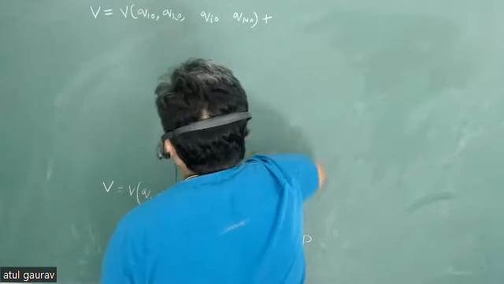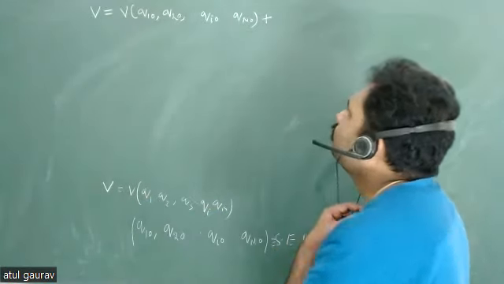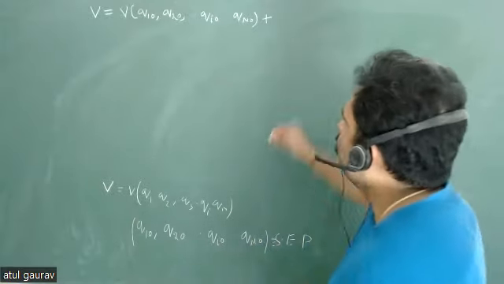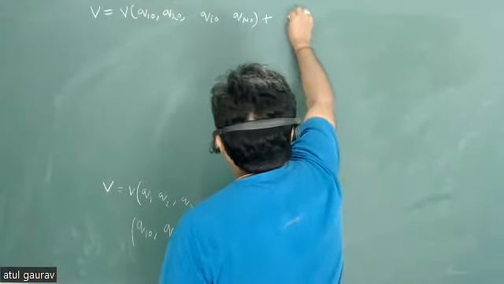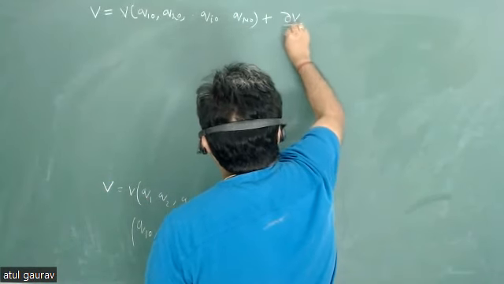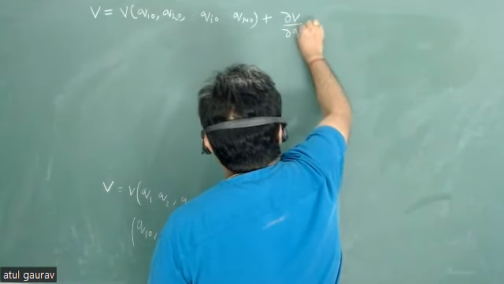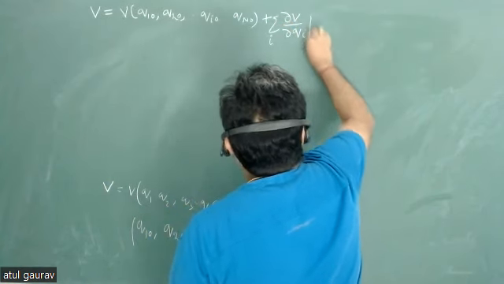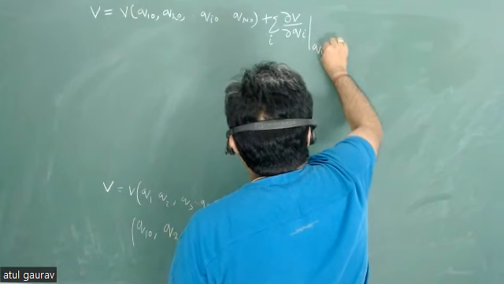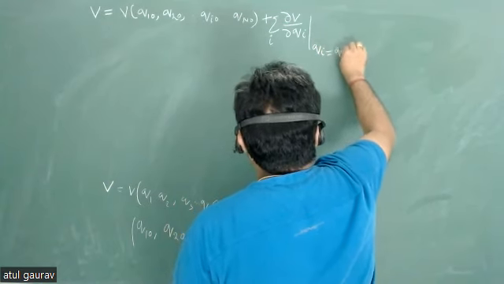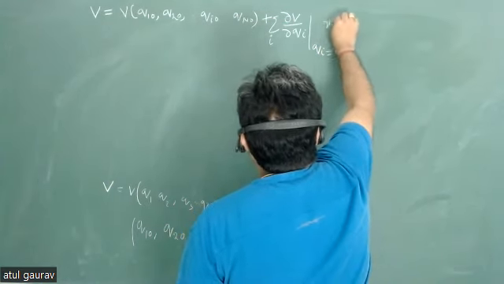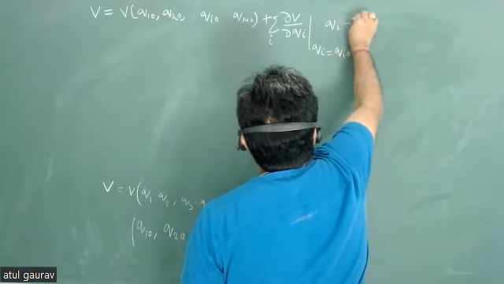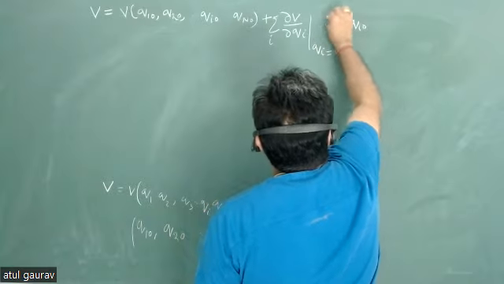What will be the next term? Anyone? So this is your first term. What will be the next term? The linear term? Yes. So that will be del V upon del Qi, and we take the summation over i, at which point? Qi equal to Qi0, and the linear term is Qi minus Qi0.